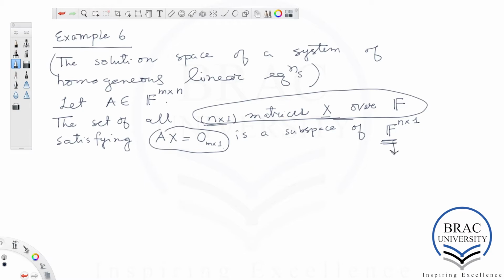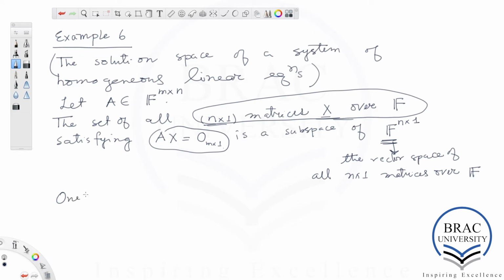So this is the vector space of all n times 1 matrices over F. Whenever I'm given a subset of a given vector space, and I need to check if it's actually a subspace, I have to apply theorem 1. So let us apply theorem 1 in this case as well.